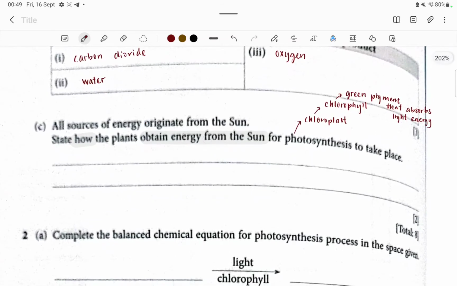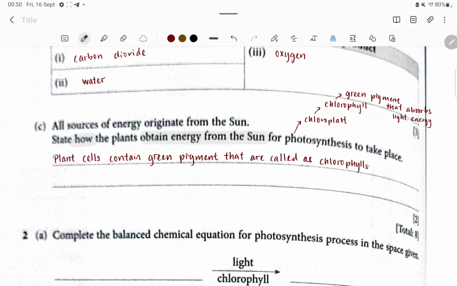So you just write, look. Plant cells contain green pigments that are called chlorophylls, in chloroplast, which absorb sunlight to obtain energy to carry out photosynthesis.